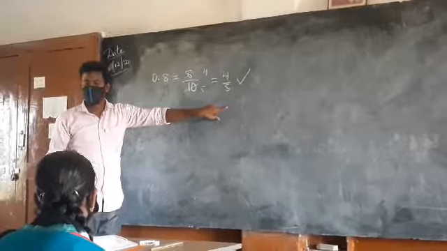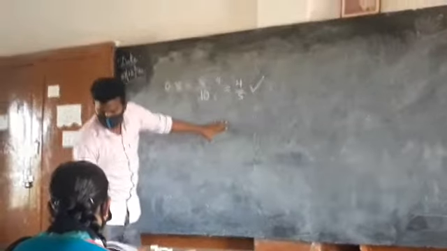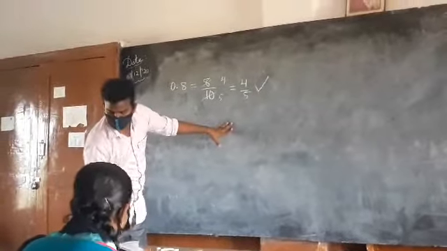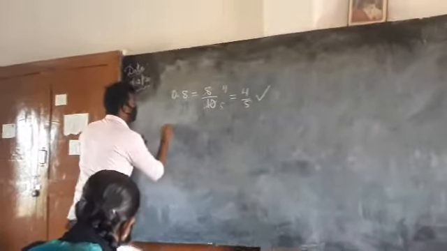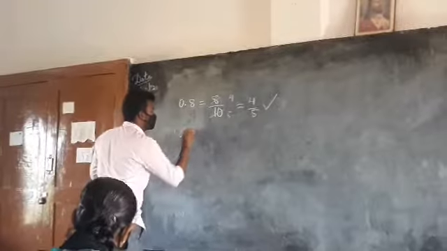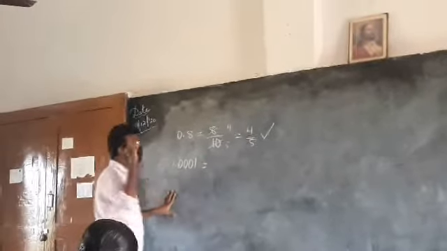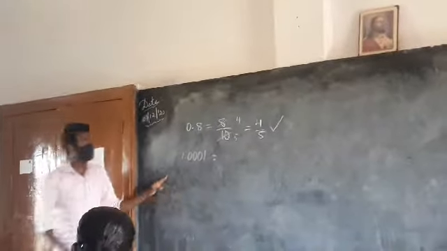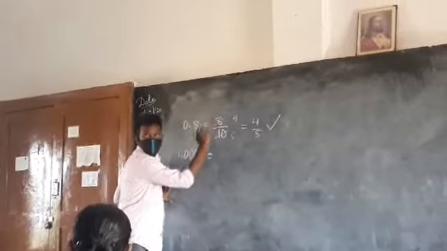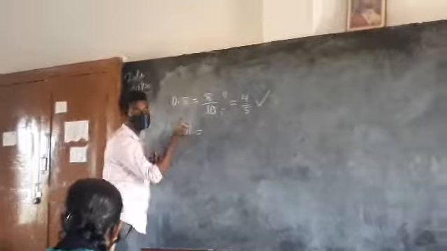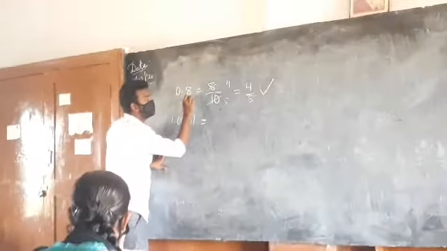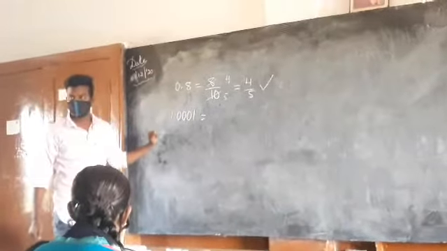I need another example. Okay, let me give another example this time. 0.0001. Apply a similar process. Here what we have done is directly written 8 in the numerator, and in the denominator we have added zeros to 1, counting the decimal digits.